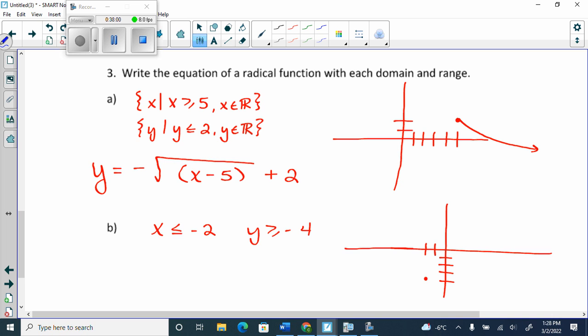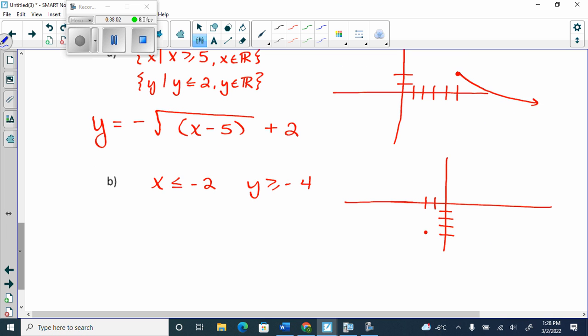And then I want to be less than -2, so I need to go to the left, and greater than -4, so I need to go up and to the left. Boom. Look at how much of that graph's on the graph. All of it. All of it.